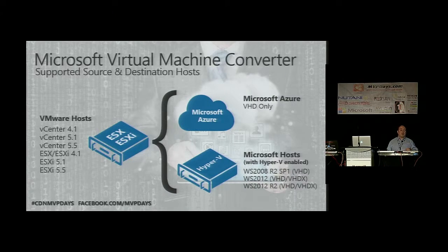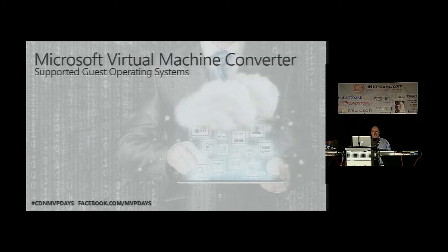Right now, Microsoft Azure only supports VHD. So it doesn't matter if you are importing to VHD in Hyper-V 2012 R2; if you want to migrate that VM to the Microsoft Azure cloud, you need to use VHD. It's the only support.